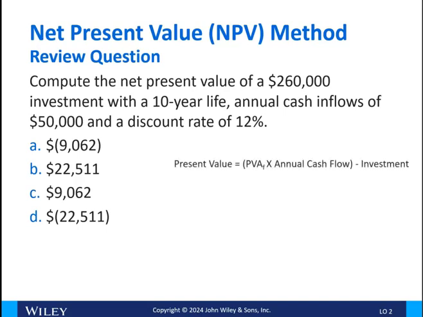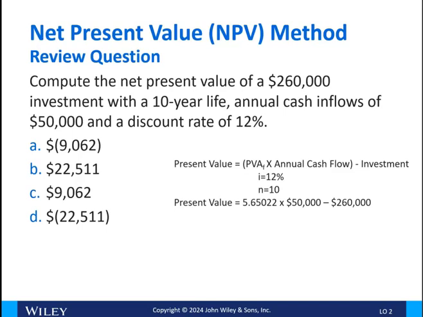So we're going to take the present value factor times the annual cash flows minus the investment. So it's the present value of an annuity. We're going to use 12%, number of periods is 10. So this is just how I like to keep track of what I'm going to look up in that present value of an annuity table. If we look up the table, it's 5.65022.